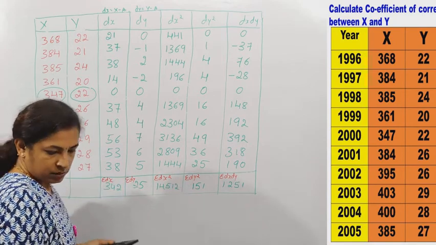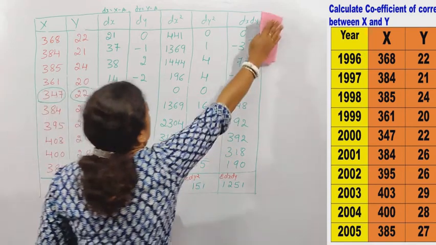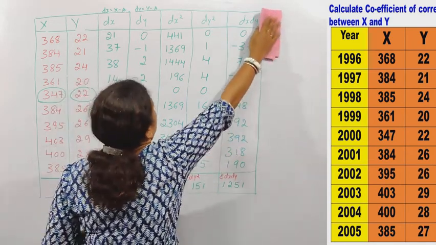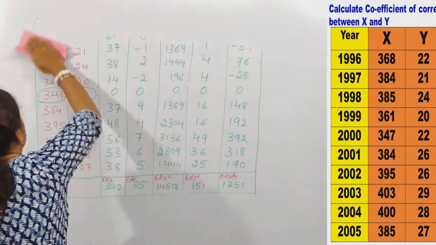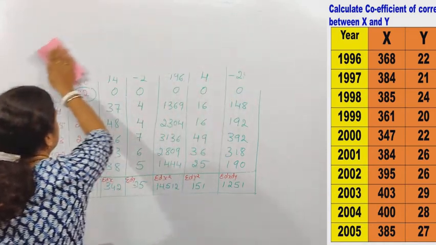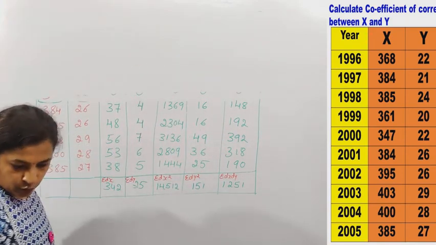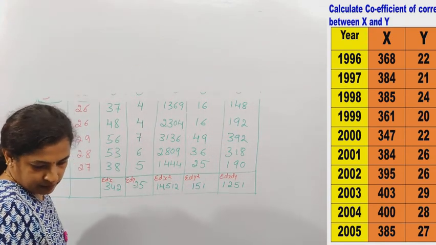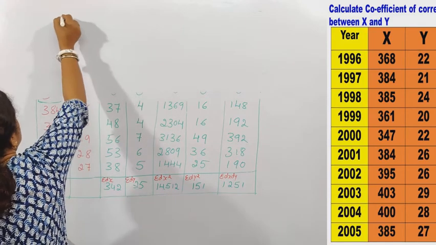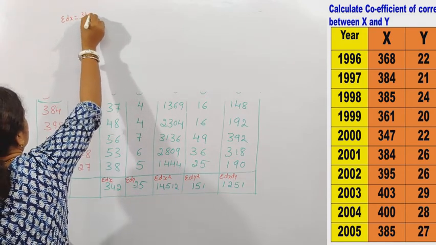These values we have to substitute into the formula of Karl Pearson coefficient of correlation. Let me grab the table first and record the values before going to rub the whole table. Sum of dx is equal to 342.